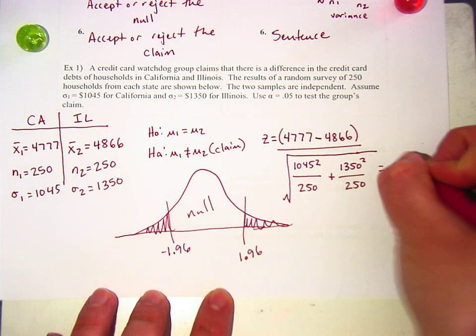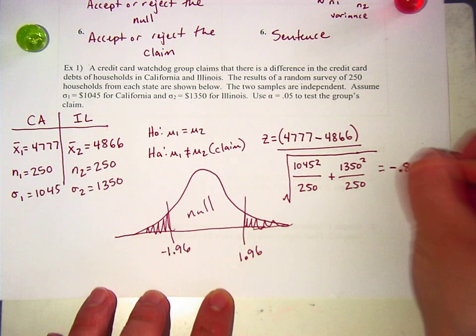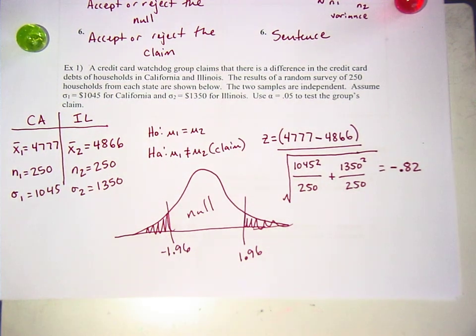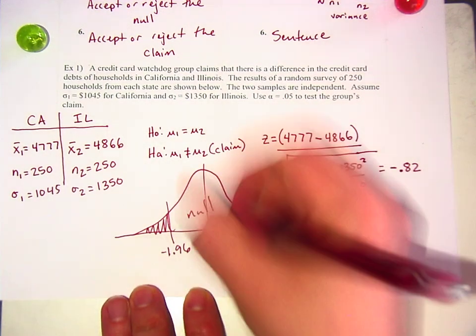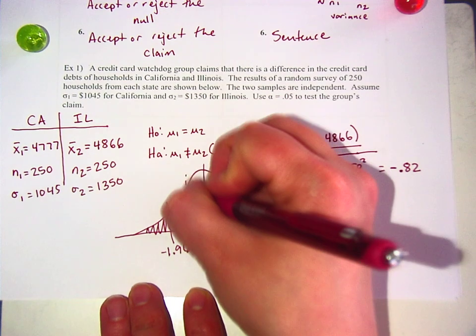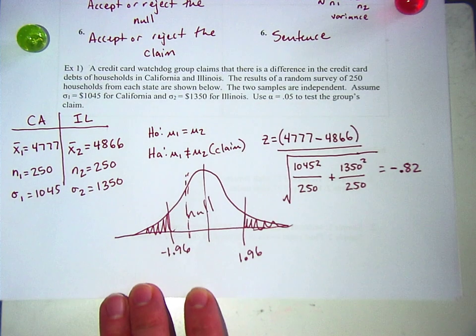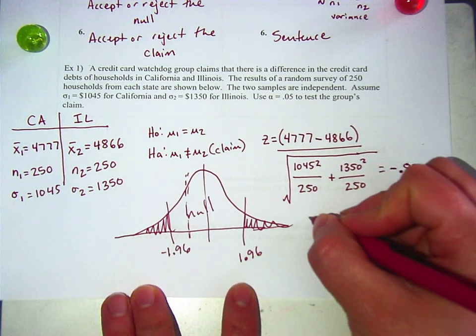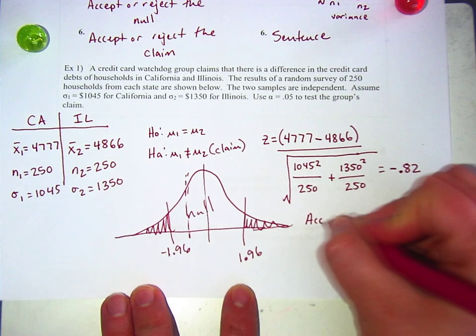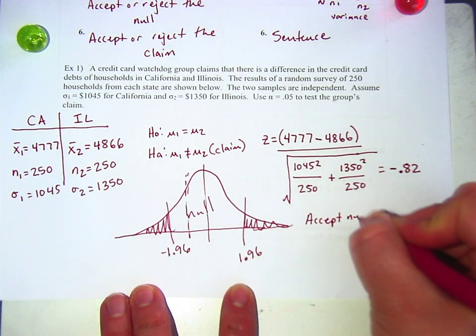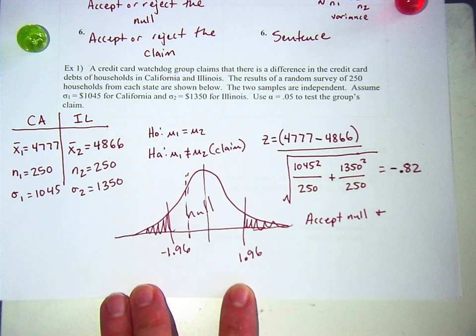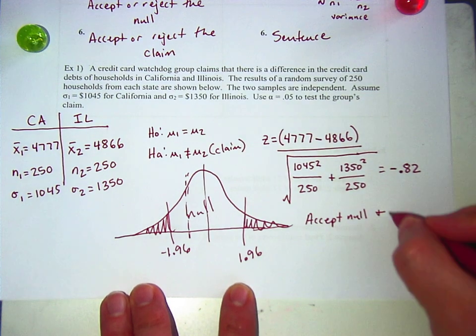I got negative 0.82 for a z-score, which, let's see, 0 is right here, so that falls, I don't know, like here, maybe? Falls in the null. So I'm going to accept the null. And reject the claim.